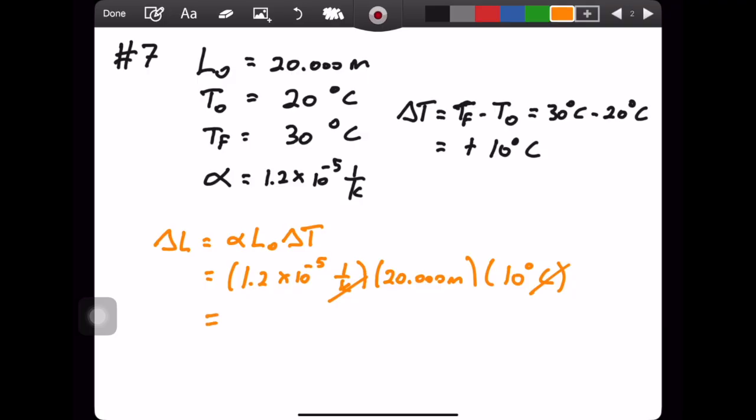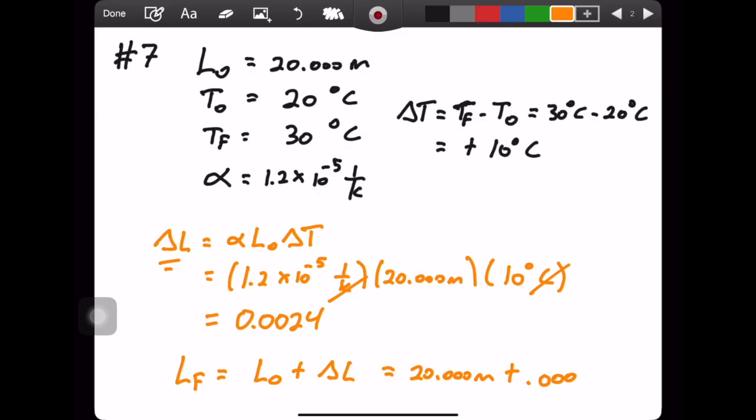So if I go ahead and do the math, I get 0.00024. And so be careful, okay? This is the change in length, delta L. So the new L final is going to be L initial plus delta L, equals 20.000 meters plus 0.00024 meters.